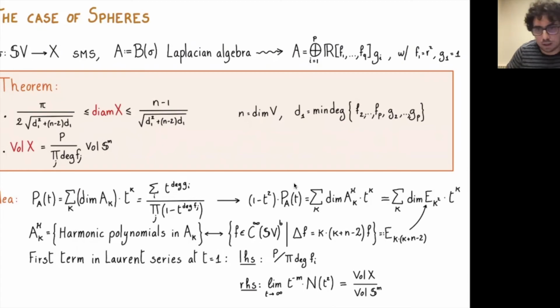Now, this was very well known, definitely in the homogeneous case, in the case of finite group actions. In the case of finite group actions, the volume of X divided by the volume of the sphere is just the order of the group.